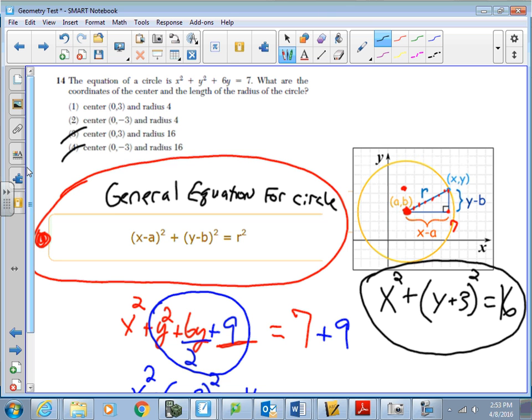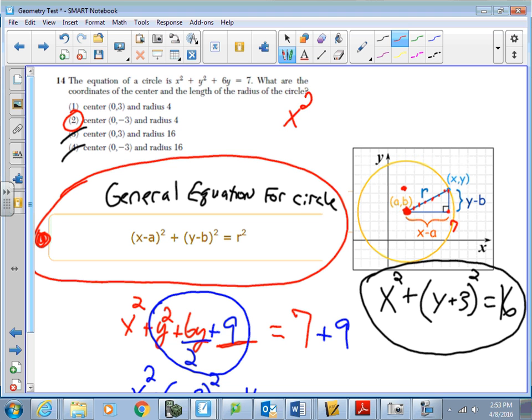Looking at the y, if there is something in parentheses, whatever the value is, you take the opposite of that number, and that'll be your y value for the center, the coordinates of the center point. So since that is a positive 3, our center is actually going to be negative 3 for the y value. All right? So that's going to be answer number 2.